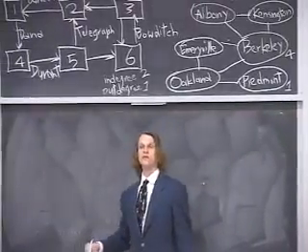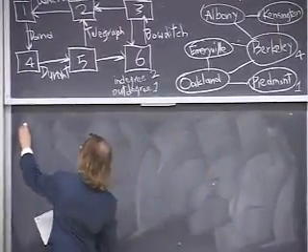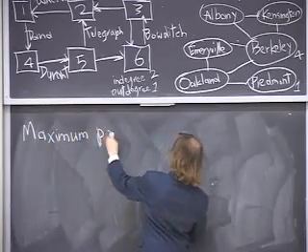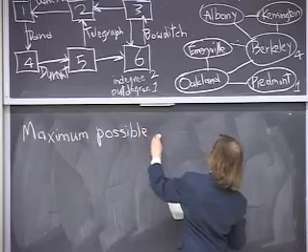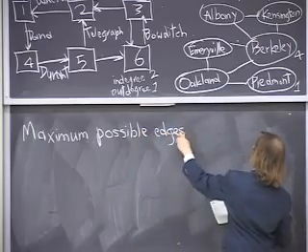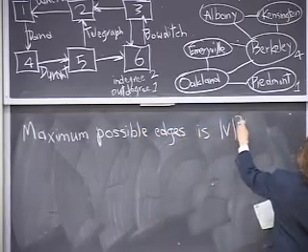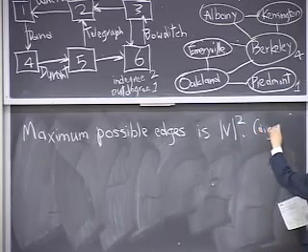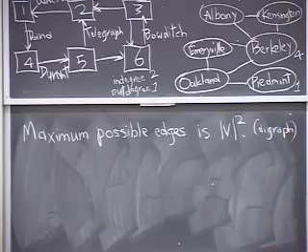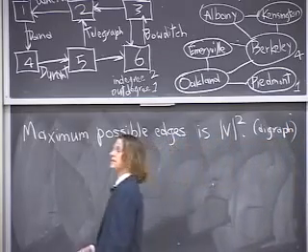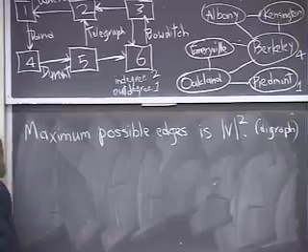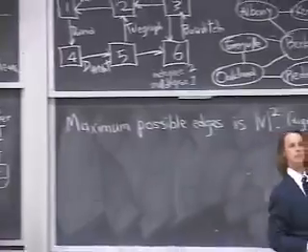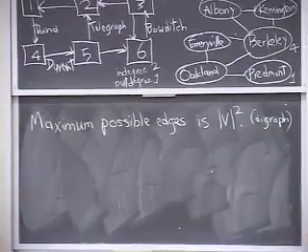So looking at the digraph, it should be clear that the maximum possible edges that you could have in a digraph is V squared. That's for a digraph. For an undirected graph, it's approximately half of that, because the maximum number of edges you can have is the number that fits in this staircase here, which is slightly more than V squared over 2.